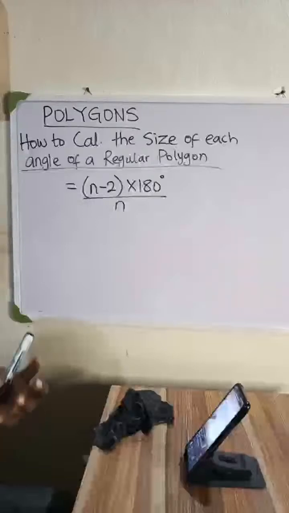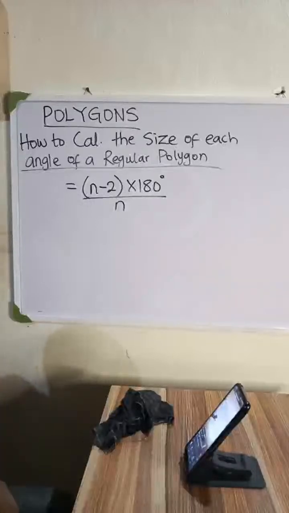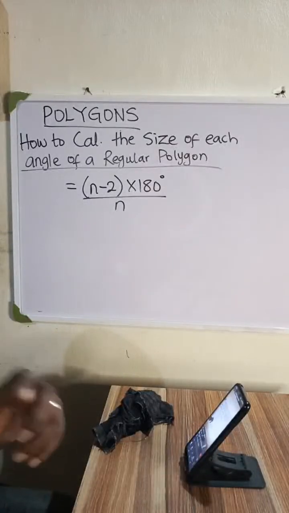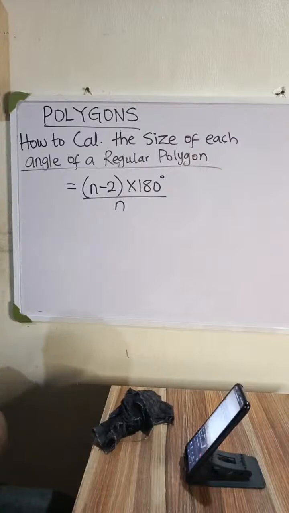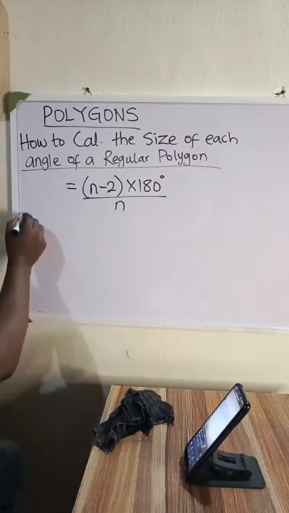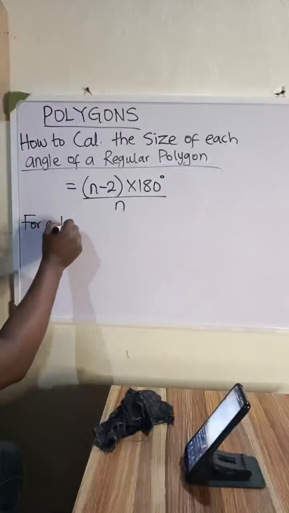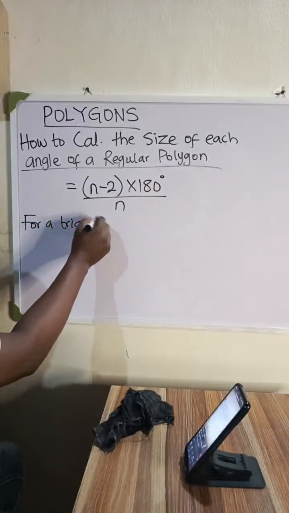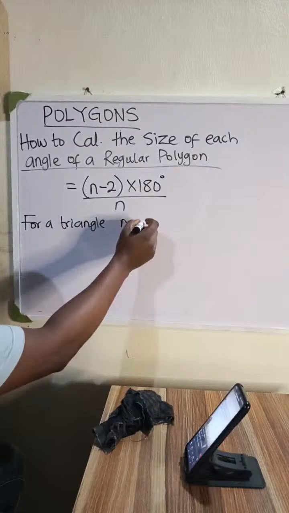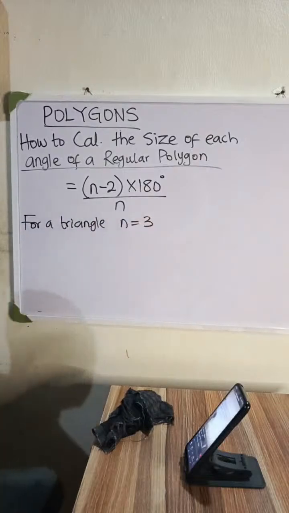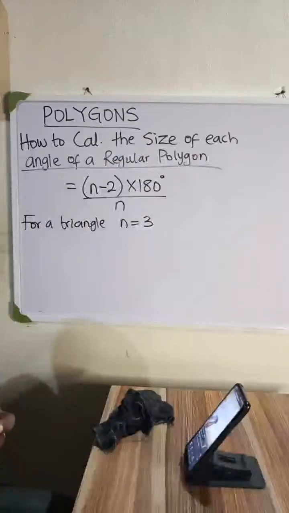Now we are going to calculate the size of each angle of a regular triangle. For a triangle, n is equal to 3.